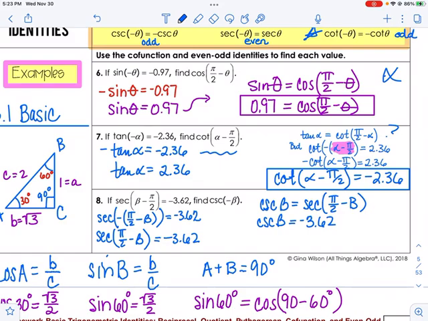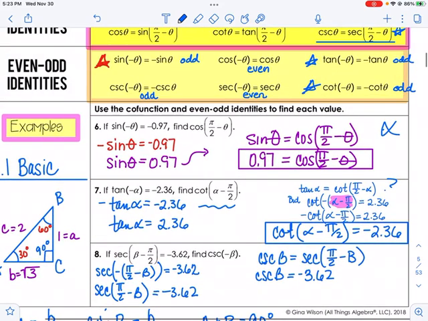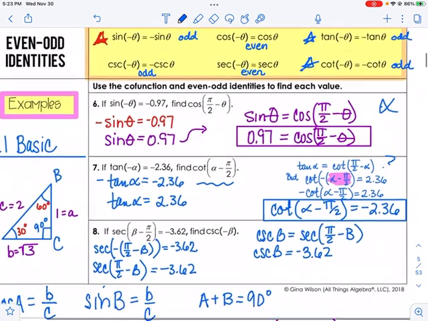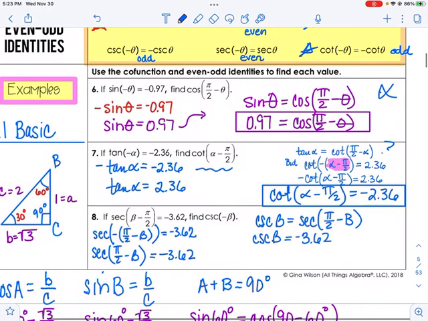And then our final statement is that, well, look above. It's an odd function, so really I can say that the cosecant of beta is equal to, because it's an odd function, the negative. Let's do it like this. If I take the negative of cosecant beta, that's equal to positive 3.62, right?